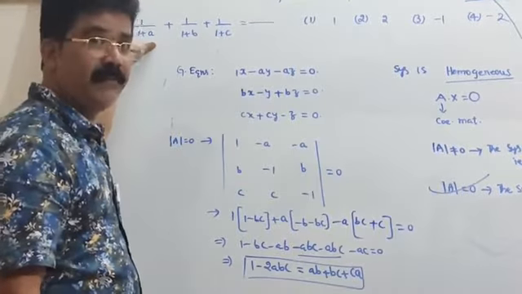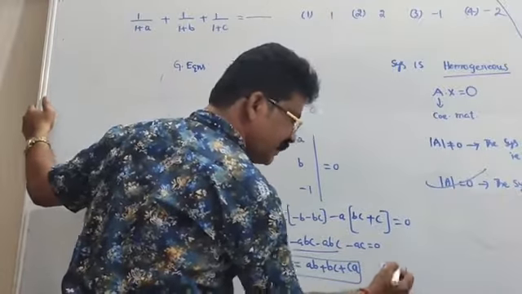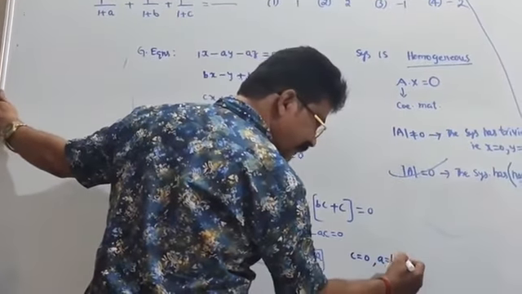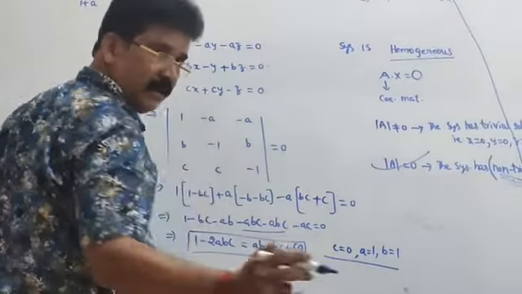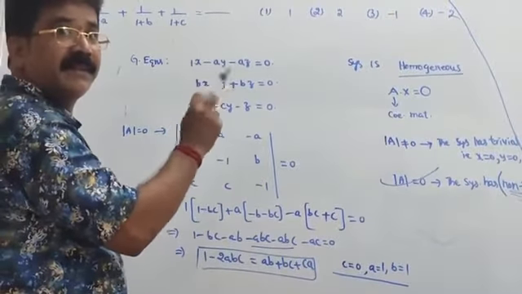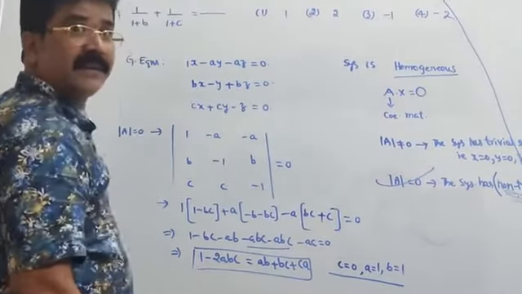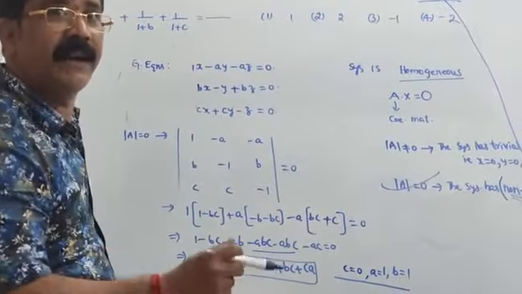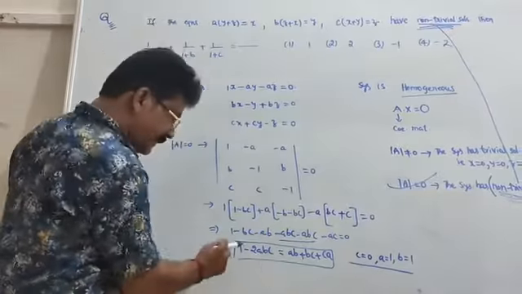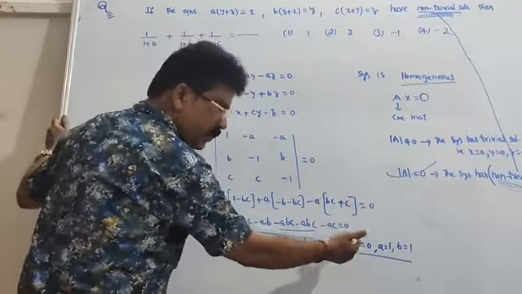We have to save time, for which I am taking c = 0 and a = 1. I am taking simple numbers. Already I said if the given question is in terms of a, b, c, we can take any simple random values to save time. You can take other numbers also, so long as this condition is satisfied. If possible, you can verify.